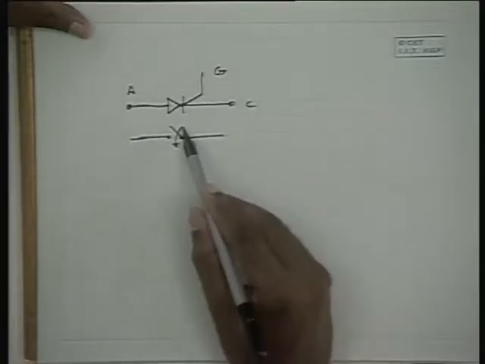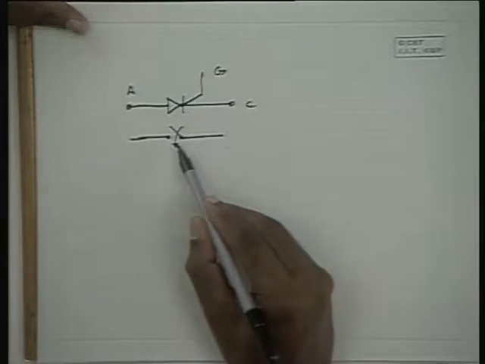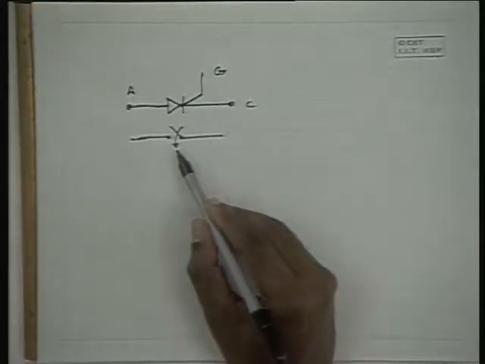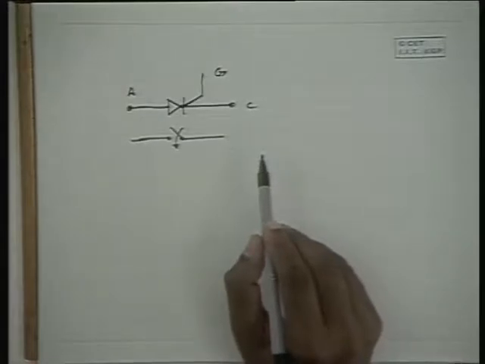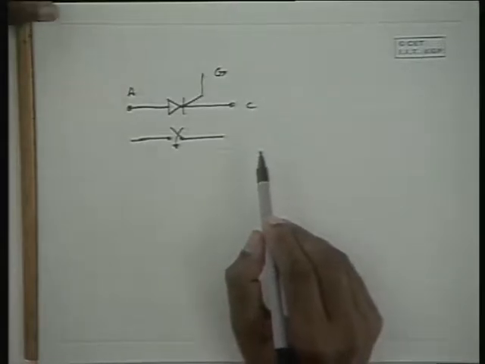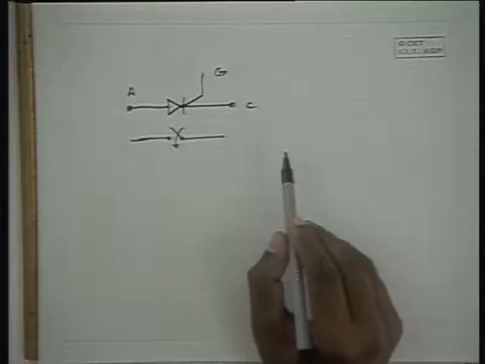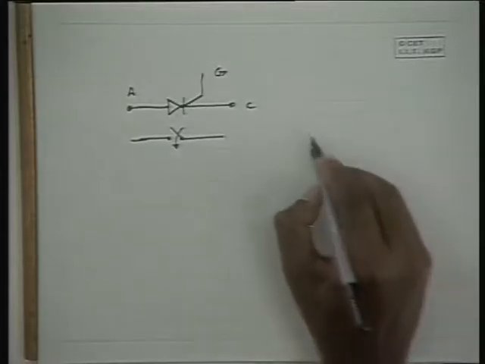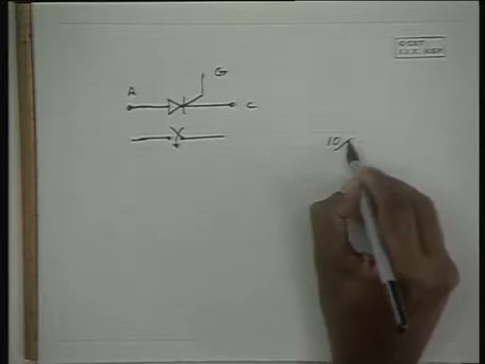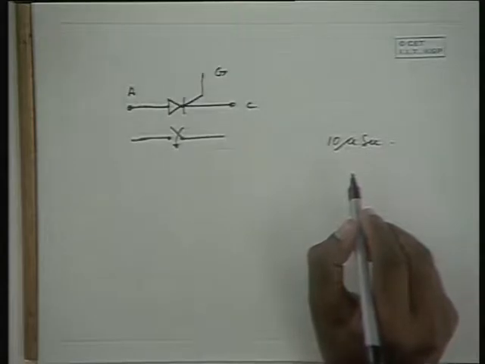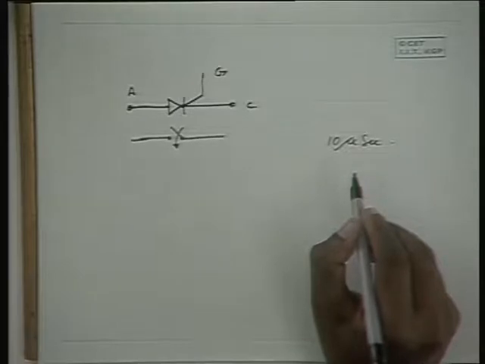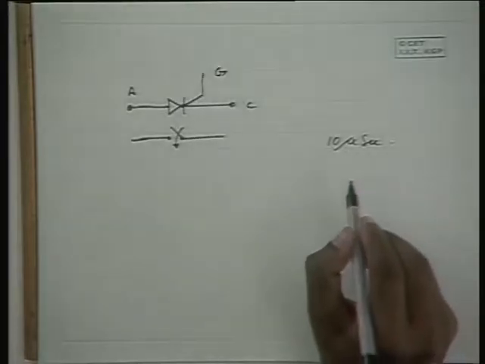The time taken for the switch to be turned on is very small, of the order of microseconds. It is of the order of 10 microseconds in the case of low power circuits, and of the order of 100 microseconds in the case of high power circuits.